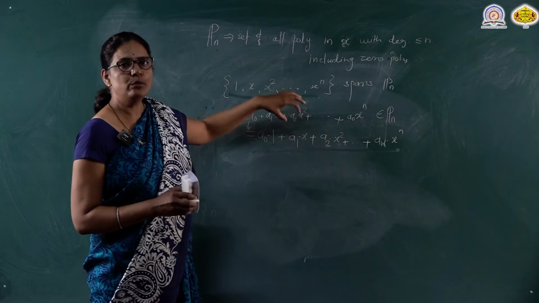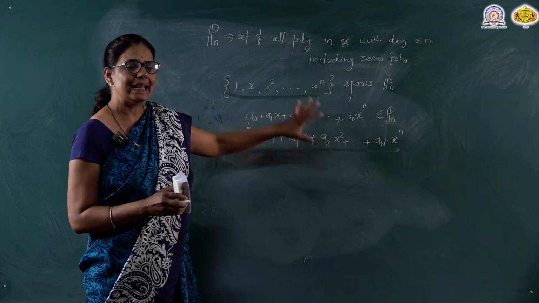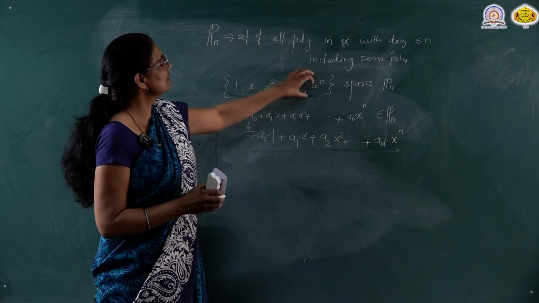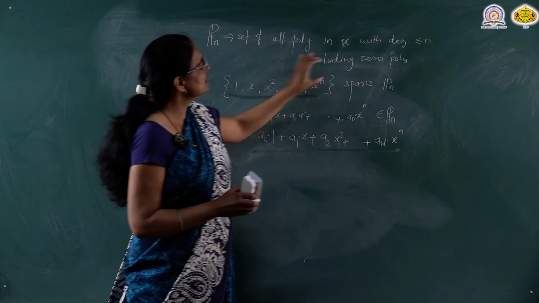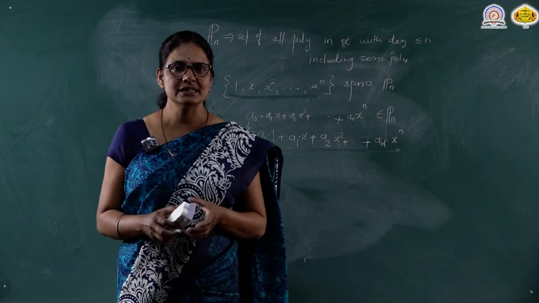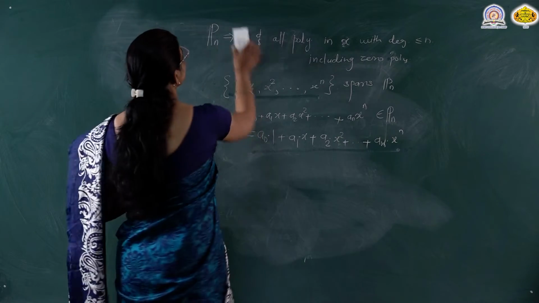So if you pick any polynomial from Pn, it can be easily expressed in terms of the linear combination of these vectors. So we say that this set spans Pn. So now we will consider another example of matrices.